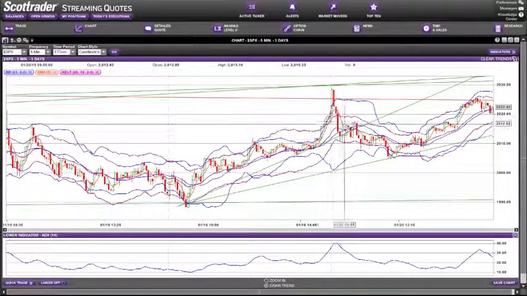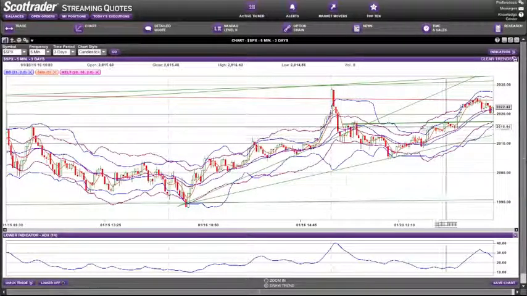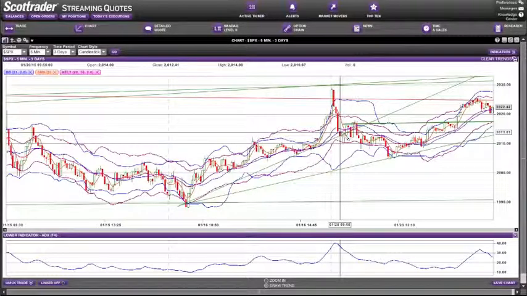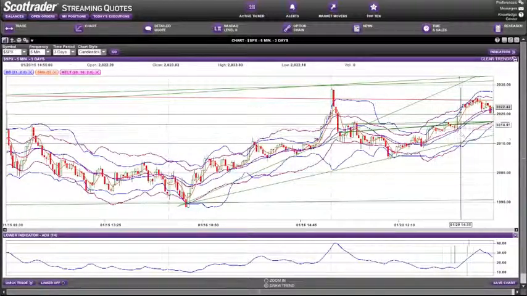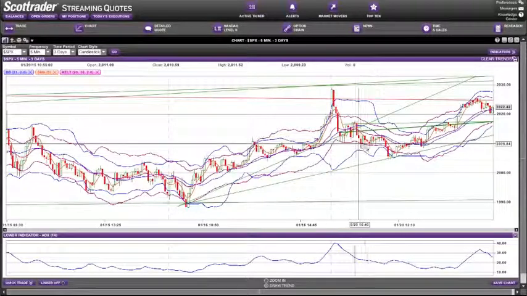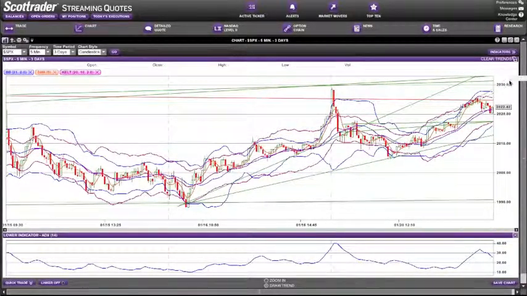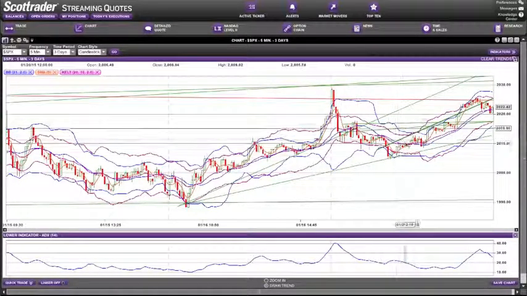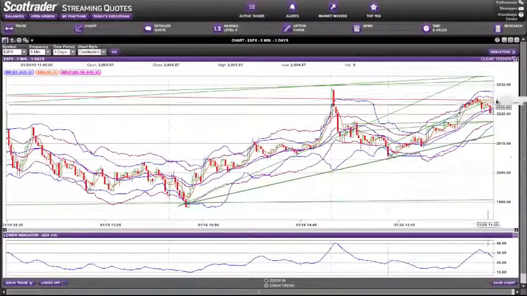Support levels, disregarding all that information, really come out to definitely around this range. So it looks like the rising trend line that was broken.